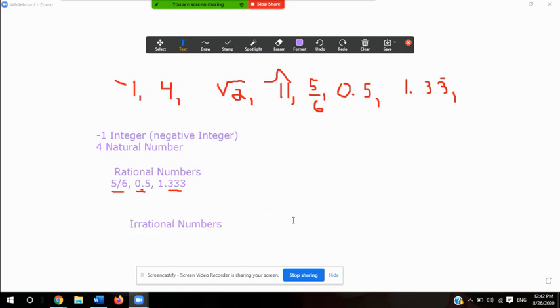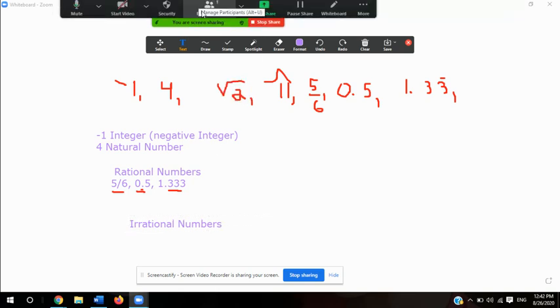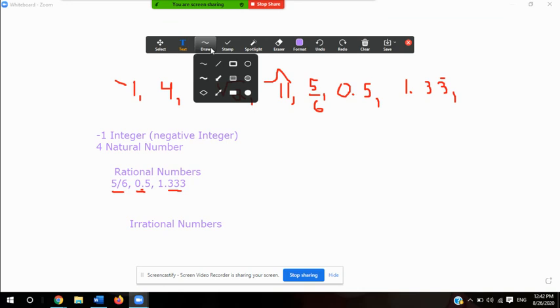So that's an example of an irrational number. Let me write that down here: the square root of 2 is an example of an irrational number.